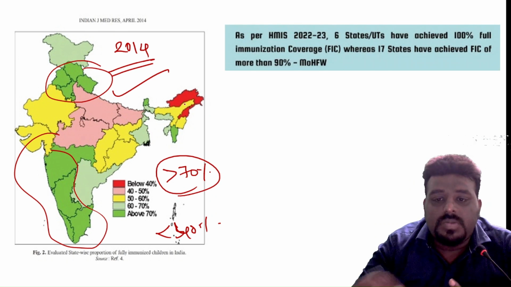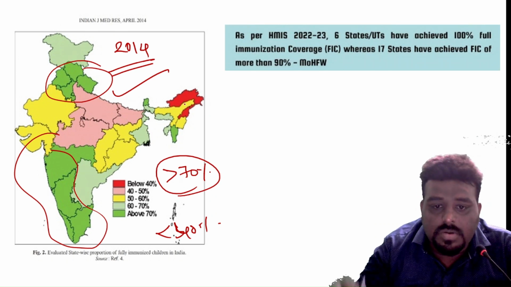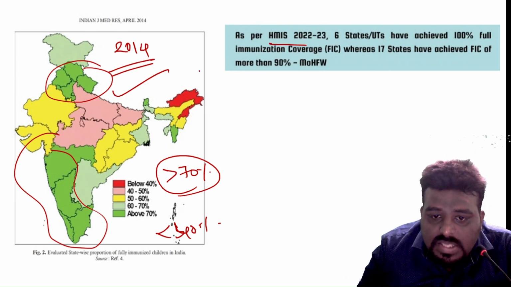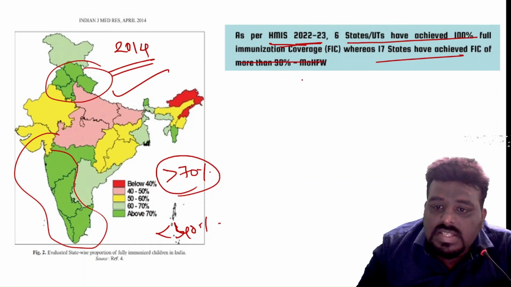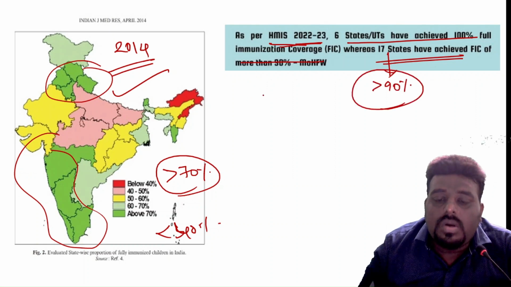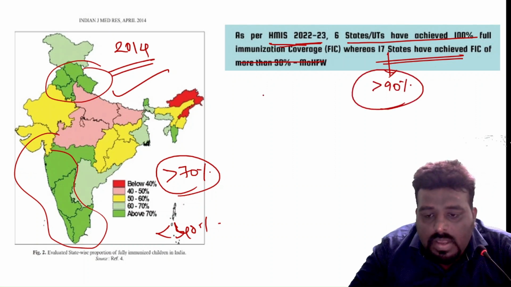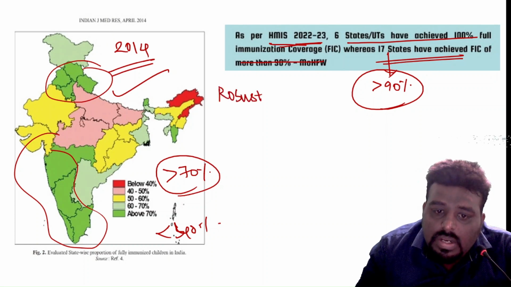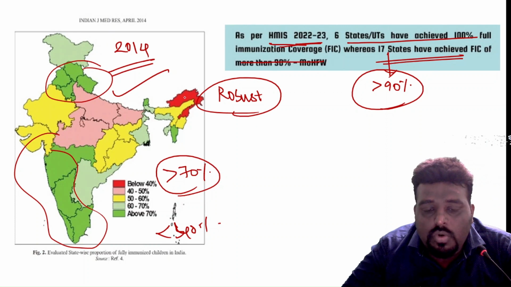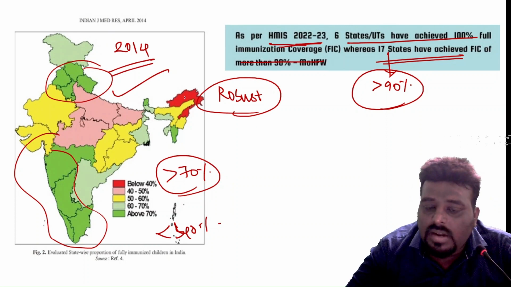And after Mission Indradhanush and IMI, what have we achieved? As per the report of HMIS 2022, 6 states have achieved 100% immunization coverage, whereas 17 states have achieved more than 90%. Still, we have a majority. So India has a robust immunization program, and compared to other countries, our immunization model has great infrastructure to improve and act fast.